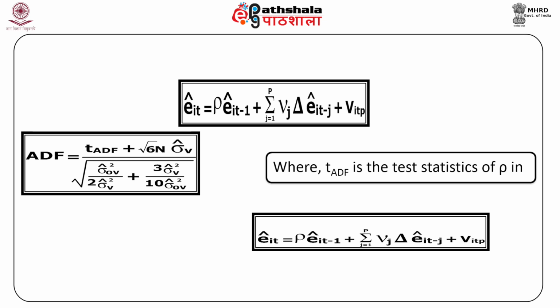The ADF test statistic can be written as ADF is equal to T ADF plus root 6n sigma hat v divided by under root sigma hat square ov divided by 2 sigma hat square v plus 3 sigma v hat square divided by 10 sigma ov hat square, where TADF is the test statistic of rho in EIT hat is equal to rho EIT minus 1 hat plus summation j is equal to 1 to p Vj change in EIT minus j hat plus VITP.